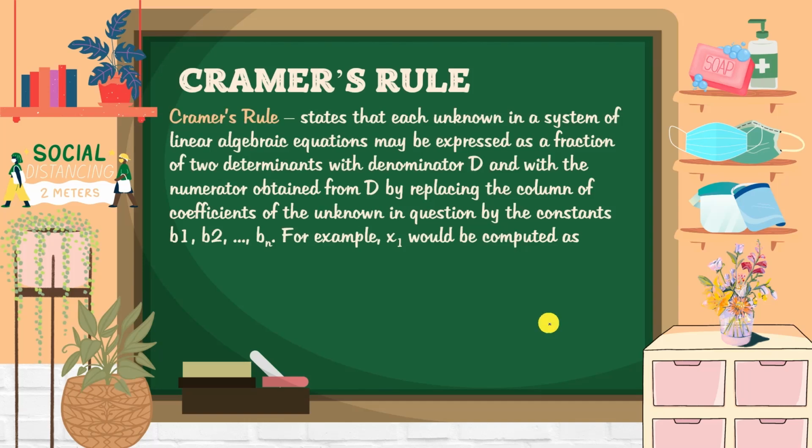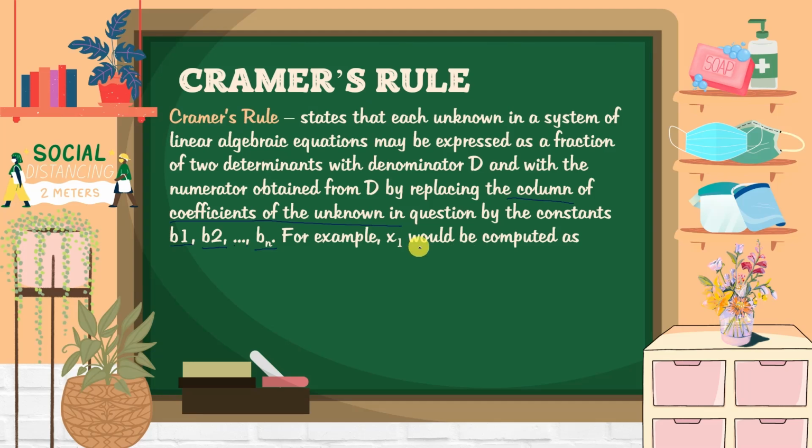Cramer's rule states that each unknown in a system of linear algebraic equations may be expressed as a fraction of two determinants, with the denominator D and with the numerator obtained from D by replacing the column of the coefficients of the unknown in the fraction by the constants b1, b2, and so on and so forth, b sub n.